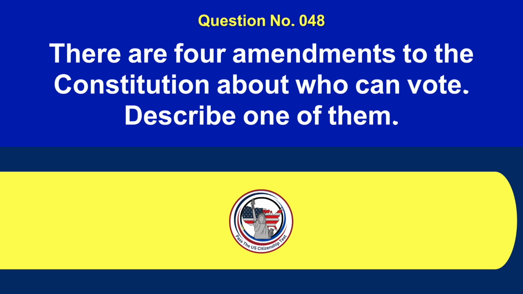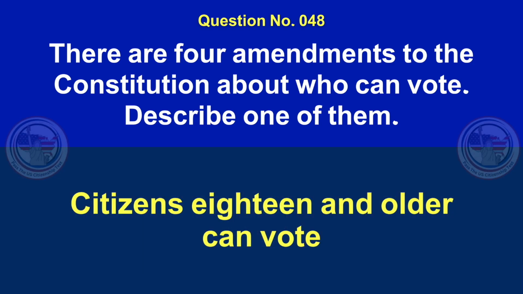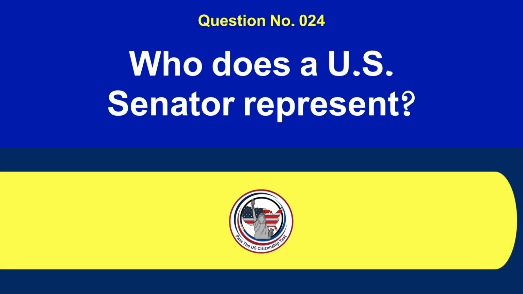There are 4 amendments to the Constitution about who can vote. Describe one of them. Citizens 18 and older can vote. Who does a U.S. Senator represent?